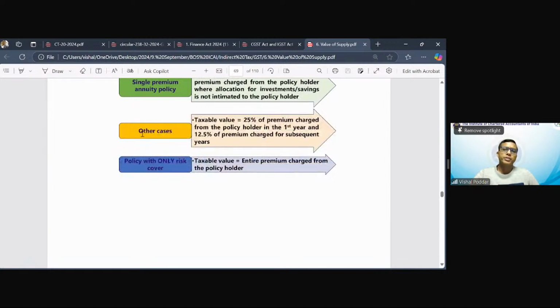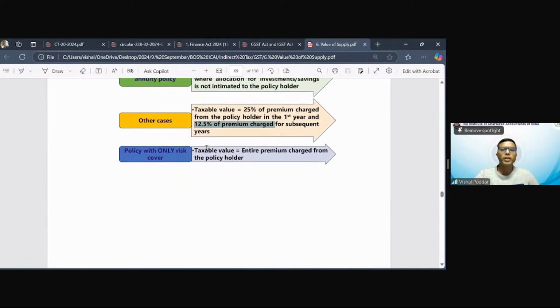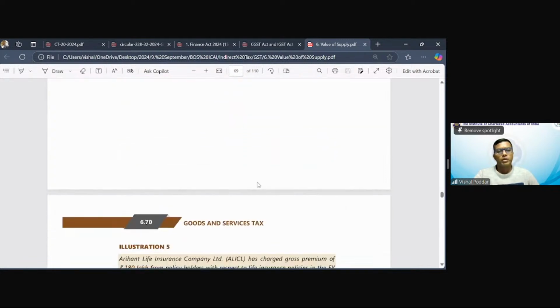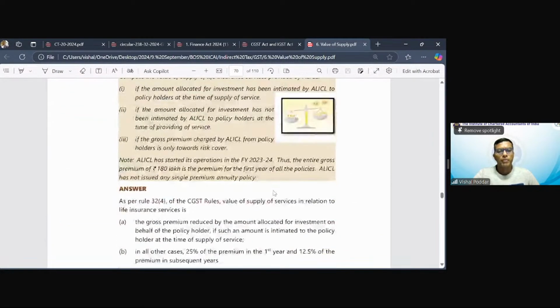If it is not a single premium policy and you do not know the breakup of investment, then assume 25% for year one and 12.5% for all subsequent years. This is the taxable value. And where it is a pure term plan, meaning there is no investment involved, in that case, you simply take the entire premium as your value. I hope this is clear to all.